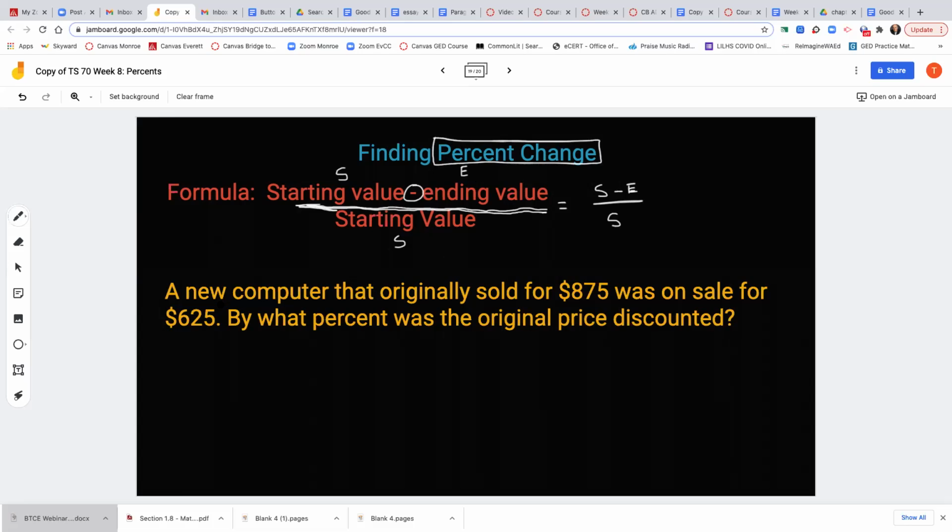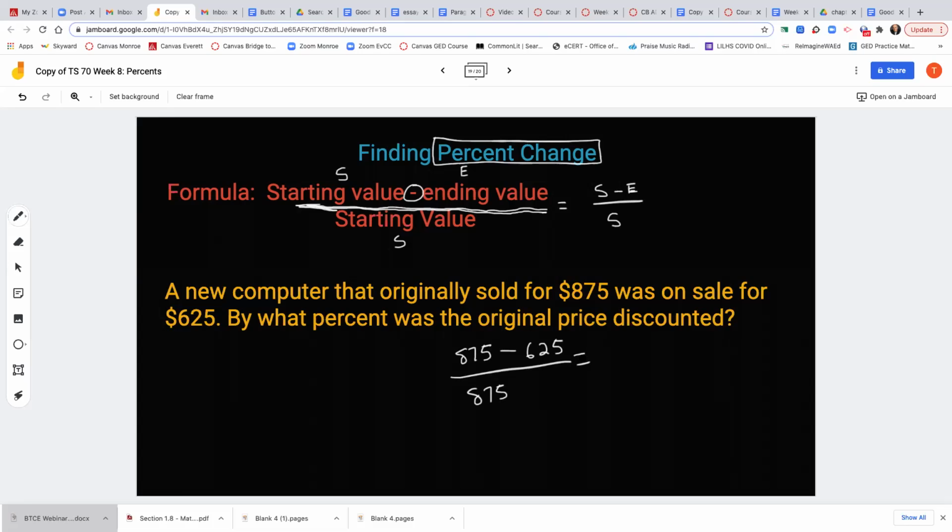If we take it and look at the example, we have a new computer that originally was sold for $875. Okay, that's my start value. It was on sale for $625, divided by my starting value again, $875, equals.